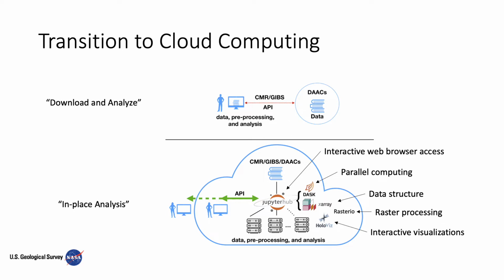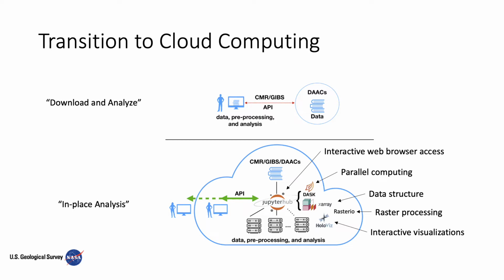The cloud analysis in place model is much more efficient and scalable. With NASA data and metadata in the cloud, users can find data across multiple archives and perform their analysis next to the data without downloading. Users are able to use cloud-based work environments like JupyterHub, where users can perform their analysis using common APIs and services to find their data, and open source scientific compute libraries like Xarray to read data, Dask for parallel processing, Rasterio for geospatial raster processing, and HoloViz for interactive visualizations, to name a few.